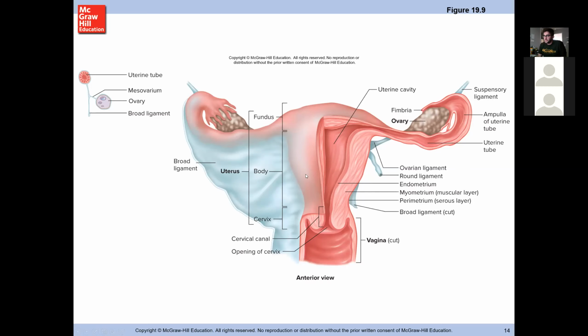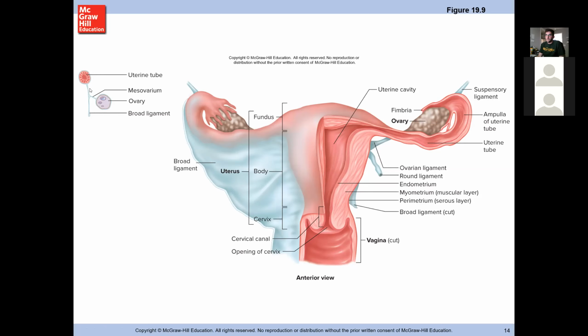Okay. So that being said, there's a lot of suspensory and support ligaments that are associated with the uterus and the fallopian tubes and the ovaries. Namely, behind or posterior to the broad ligament here, and actually if we take a sec to look at the smaller image on the top left part of the screen here, we can see that we've got our uterine ligament right here, our uterine tube, and just inferior to that we have something called, it's not labeled, but it's called the mesosalpinx.